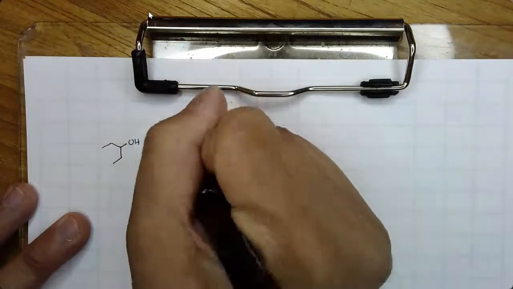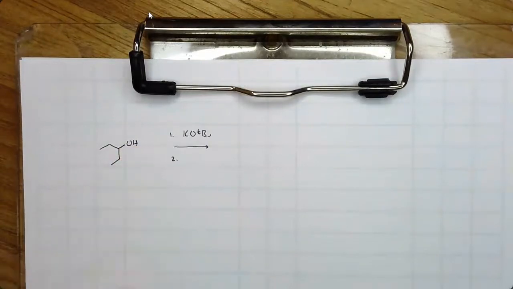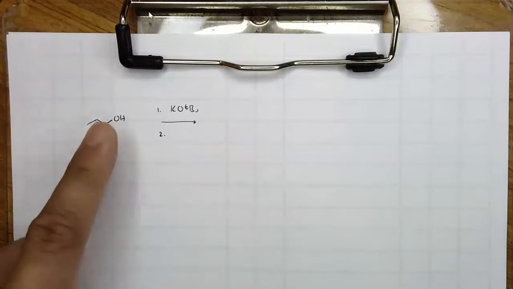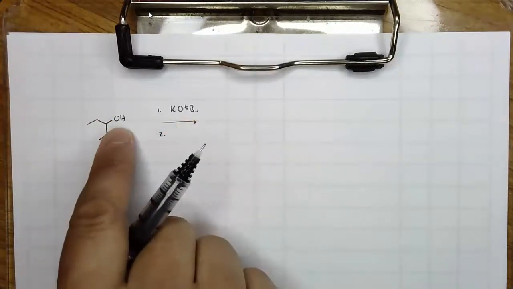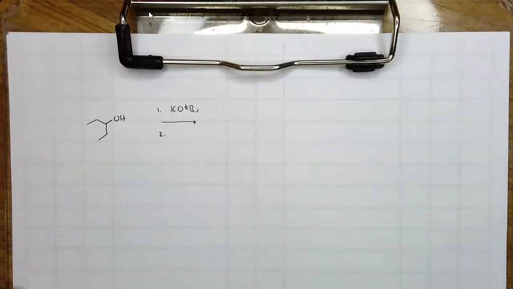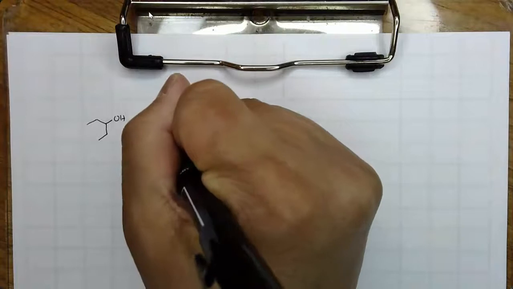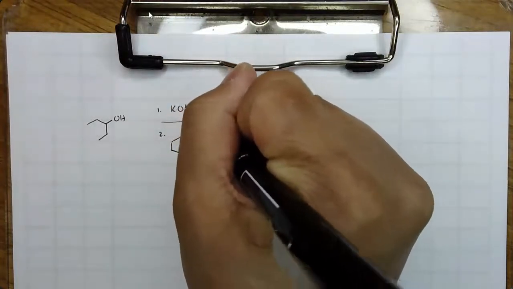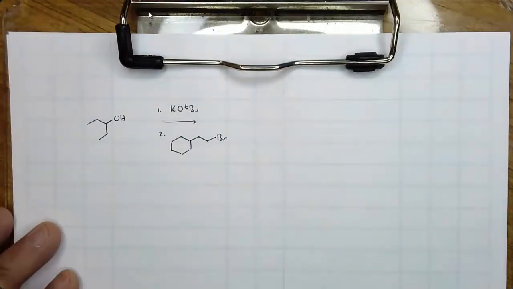It's a strong base, and we're going to remove this proton. Okay, we're not doing elimination, because in the alcohol chapter you need the strong acid to make this a good leaving group to do elimination. Anyway, let's do this alkyl halide. Again, I'm going to make sure that it is primary. Alright, go ahead and do that.